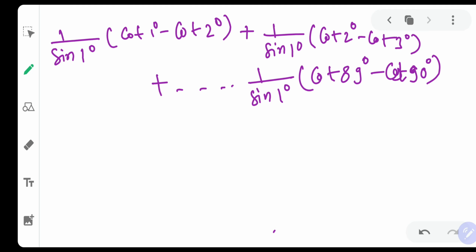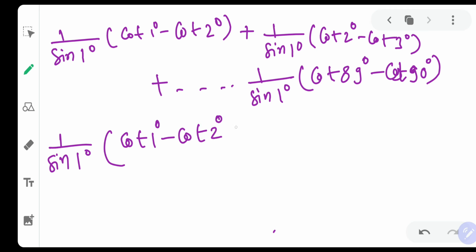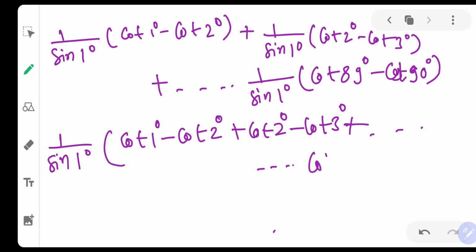This is how it goes. So 1 upon sine 1 degree is taken as common. What remains? Cot 1 degree minus cot 2 degree plus cot 2 degree minus cot 3 degree and so on, it will go on up to cot 89 degree minus cot 90 degree.